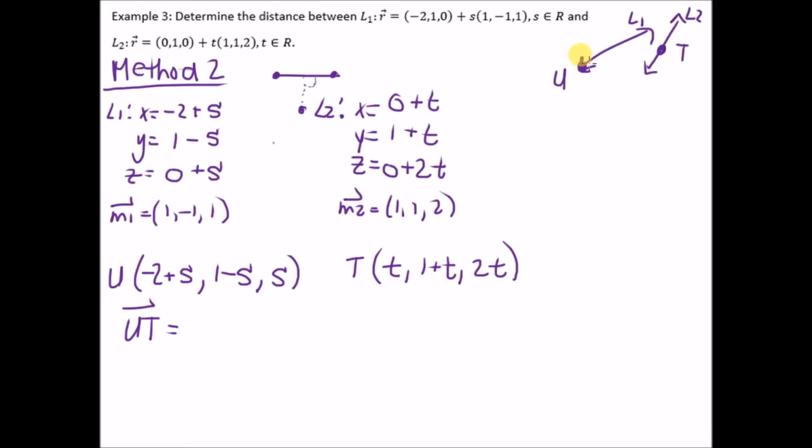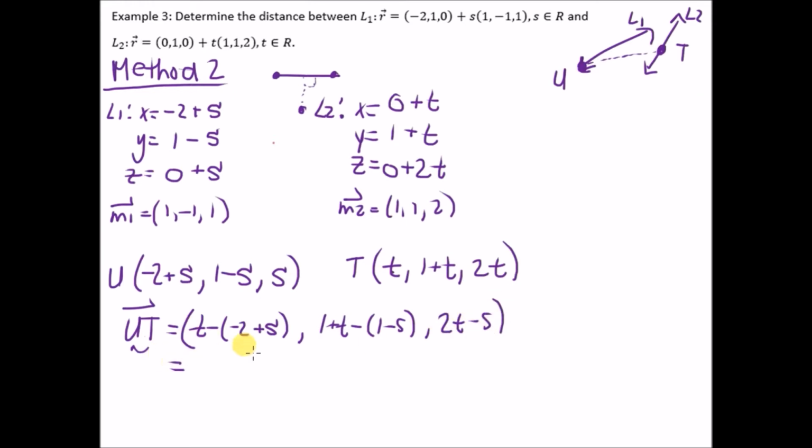What we're going to do is find the direction vector between any point on line 1 and any point on line 2. So ut, we're going to do t minus u. So we're going to go t minus, and this is where the brackets come into place, -2 plus s, comma, 1 plus t minus 1 minus s, comma, 2t minus s.